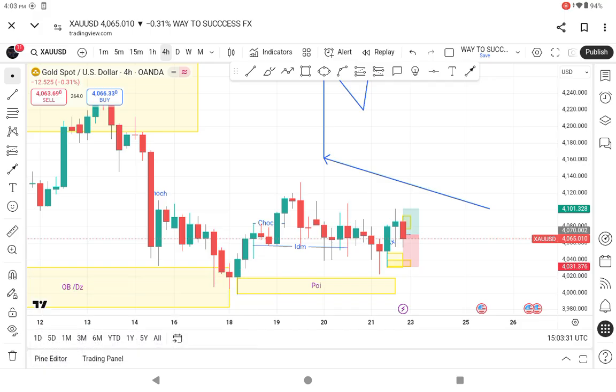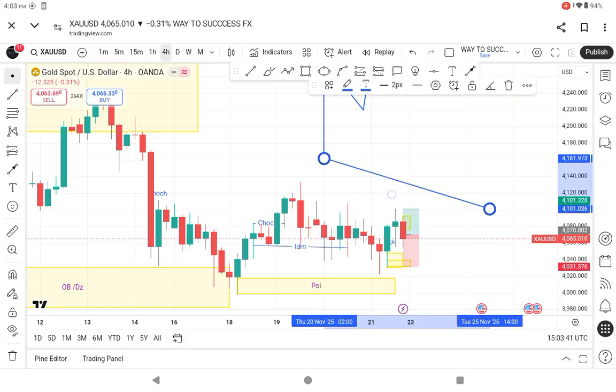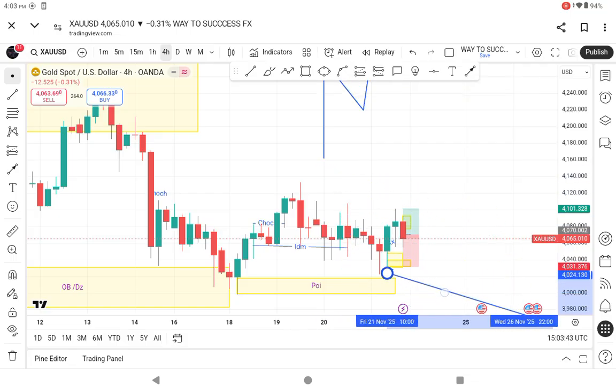So if you look, price didn't come into the level this week, but before the week closed, I saw a kind of confirmation to buy, which is this bullish candle and this pin bar and the other bullish candle going above it.